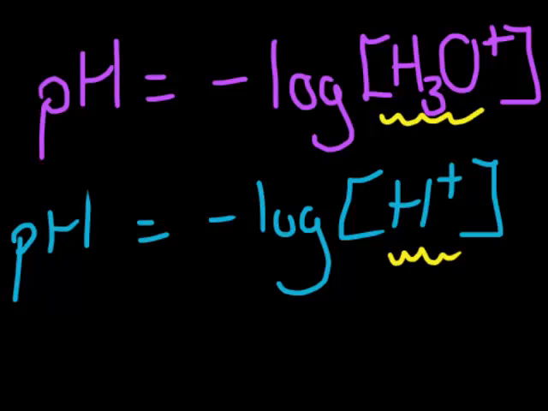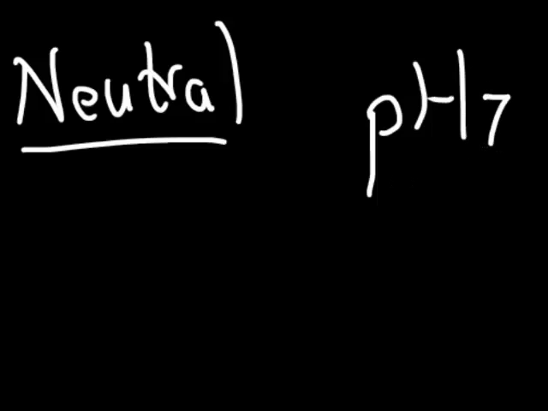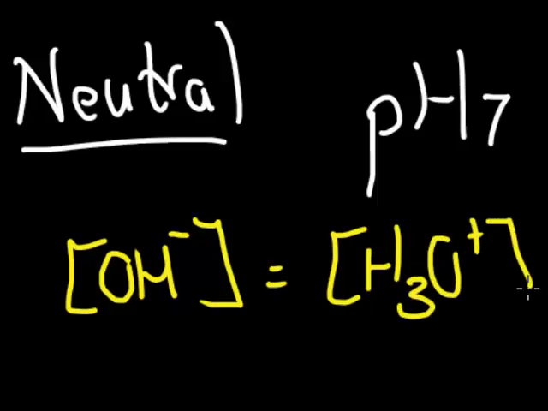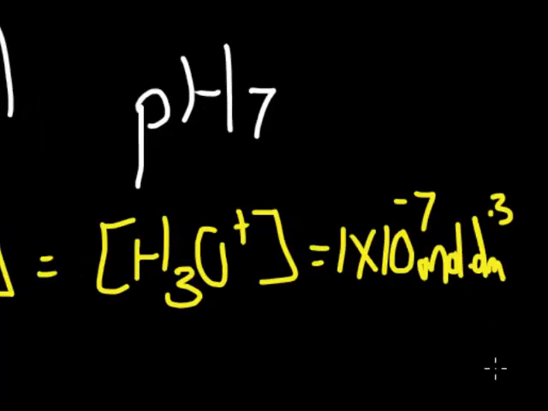Now let's quickly go back again to talking about acidic and basic solutions and when it's neutral. So once again, if you've got a neutral solution, that means a pH of 7. We've said earlier on that our hydroxide ion concentration will be equal to the hydronium ion concentration, and that value for the concentration will be 1 times 10 to the power negative 7 mole per cubic decimeter.